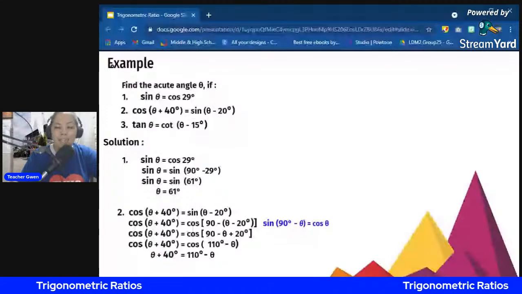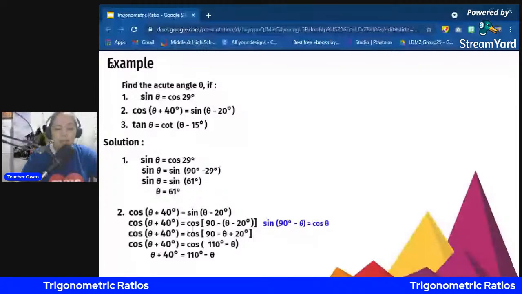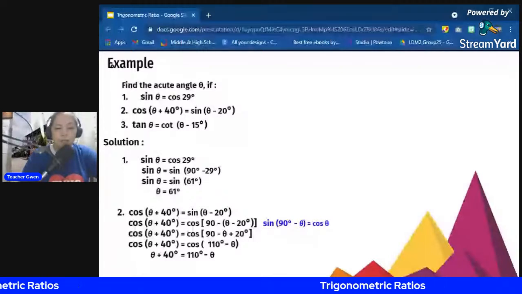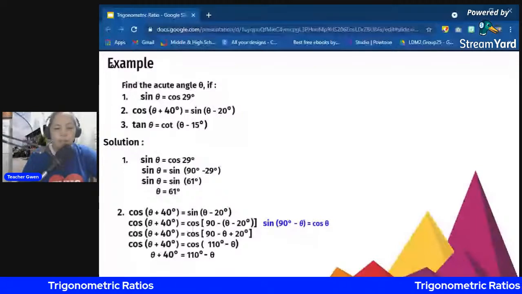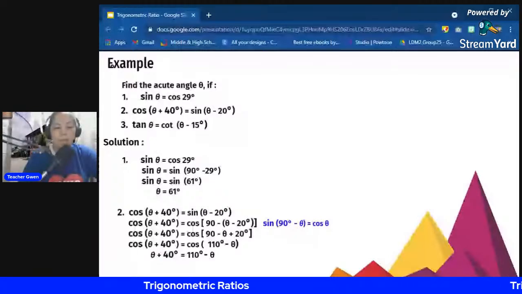So, kining negative theta, transfer to the other side by additive inverse. So, plus theta. Kining plus 40, transfer to the other side by additive inverse. So, minus 40. So, 2 theta, then 110 minus 40, that is equal to 2 theta is equal to 70.